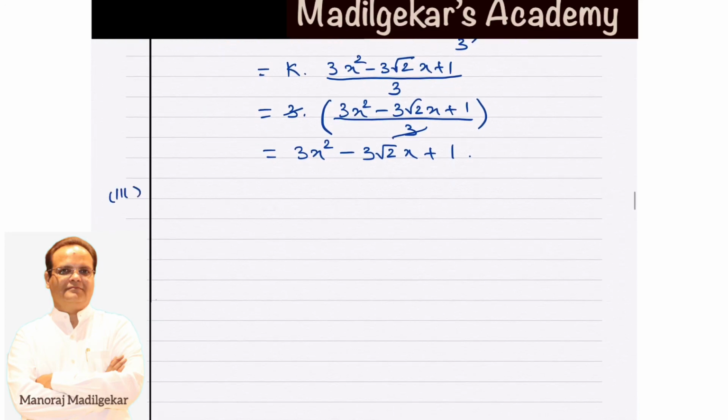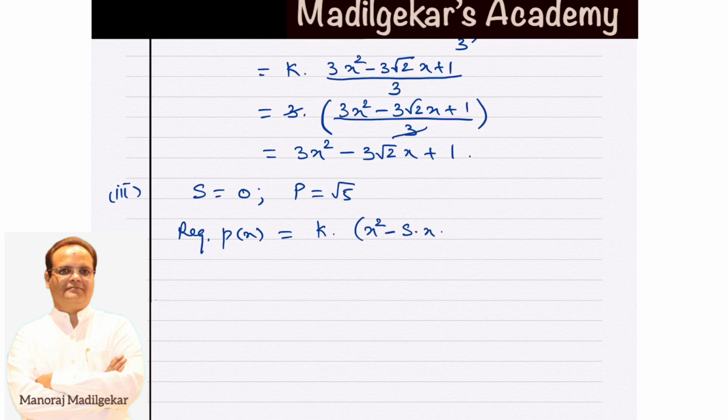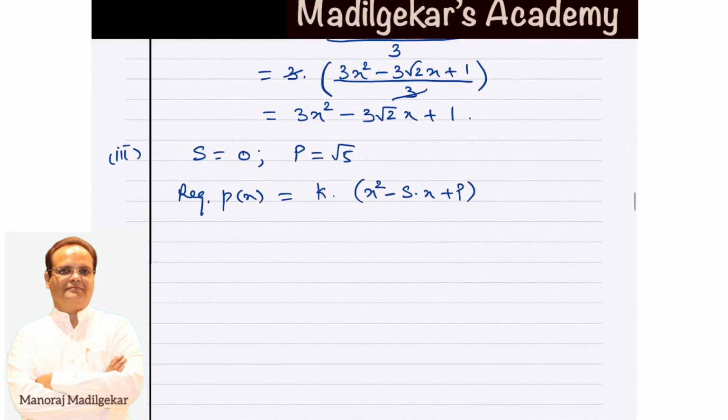Let's see example number 3, in which sum is 0 and product is root 5. So required polynomial is k into x square minus sum of zeros into x plus product of zeros. That is k into x square minus 0x plus root 5.